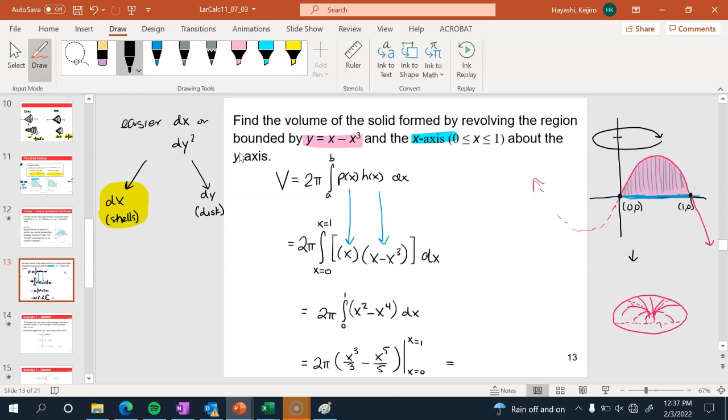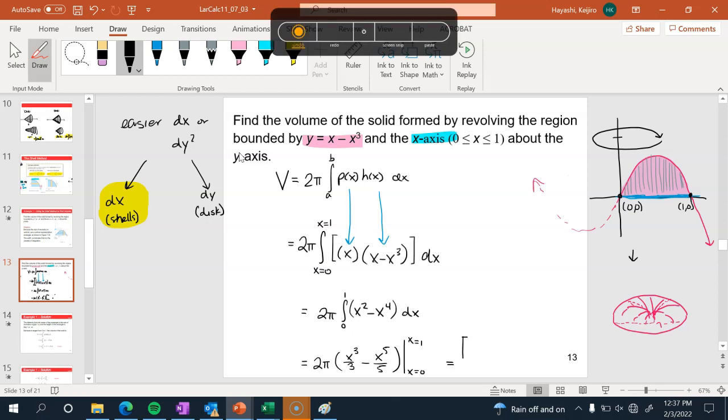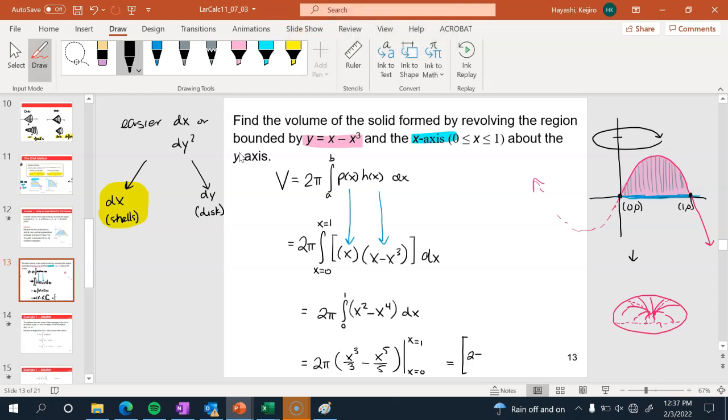So that when you plug these in, what you're going to get is 2 pi times, I guess, 1/3 minus 1/5. I'm just going to skip the part where I pretend not to know what 1 cubed and 1 to the 5th are. Minus 2 pi times what is ultimately 0. 1/3 minus 1/5.